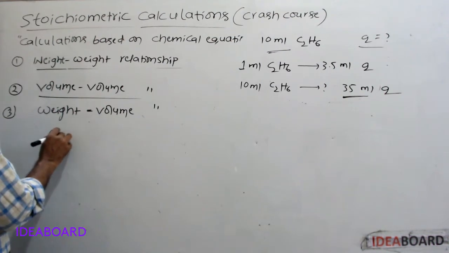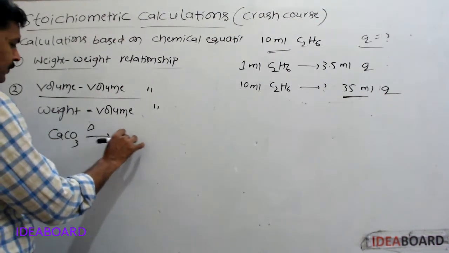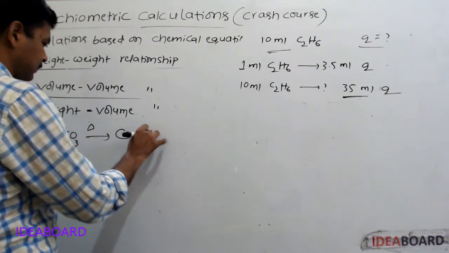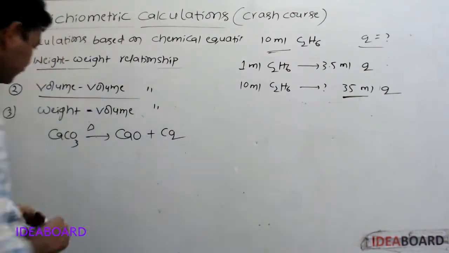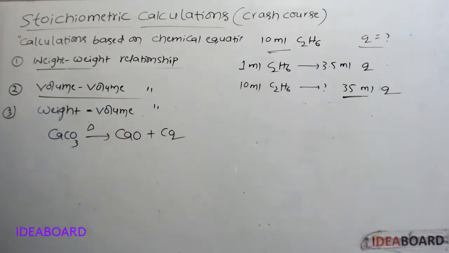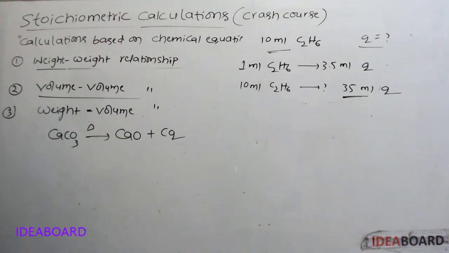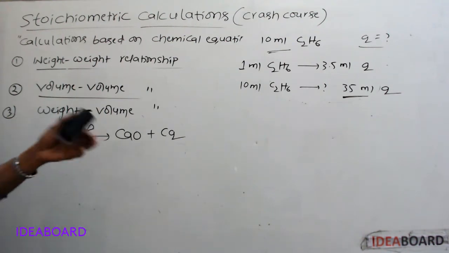For example, calcium carbonate on heating, calcium oxide plus carbon dioxide are produced. If the problem is given like this: calculate the volume of CO2 gas liberated during the combustion of 10 grams of limestone.